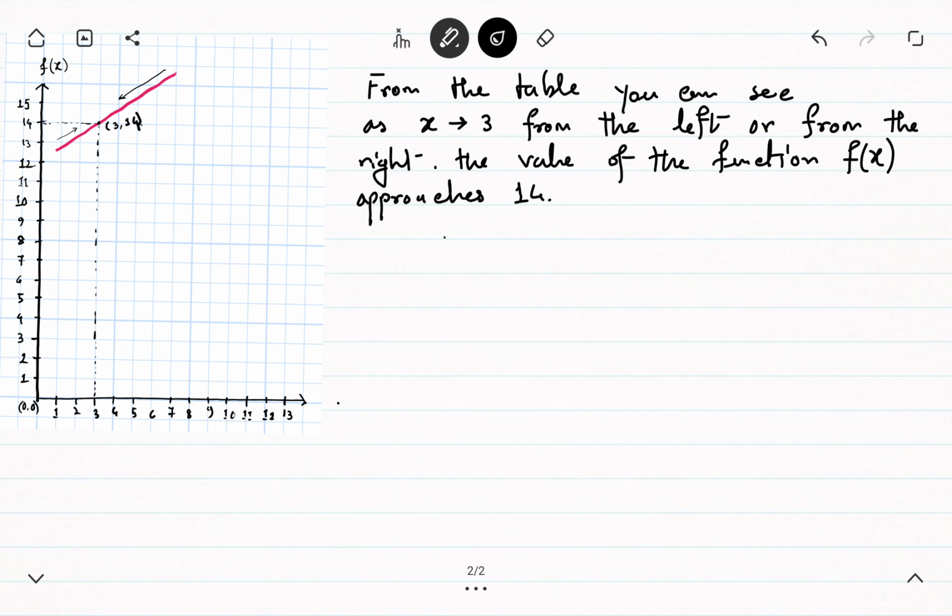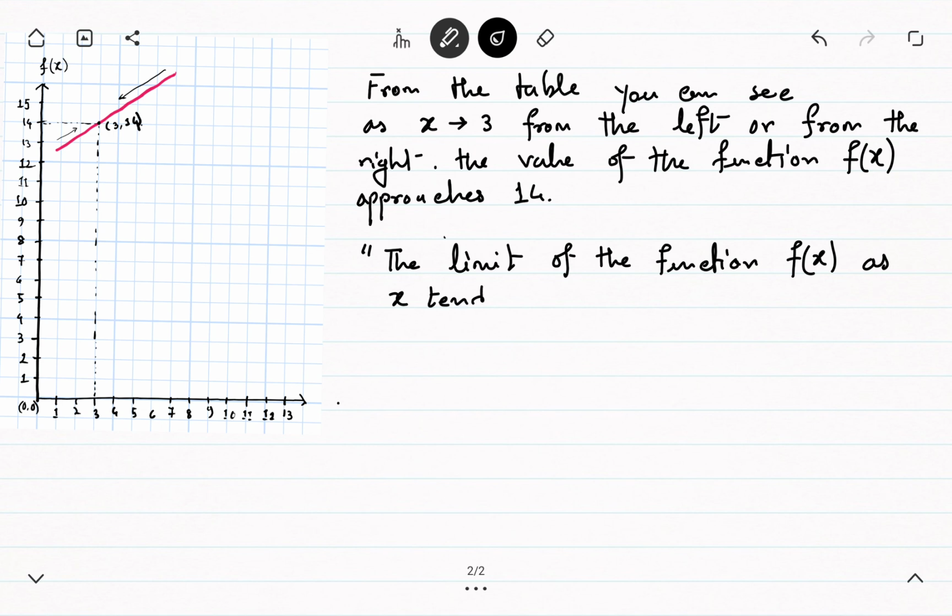So now we express this by saying the limit of the function, that is f of x, as x tends to 3 is equal to 14.